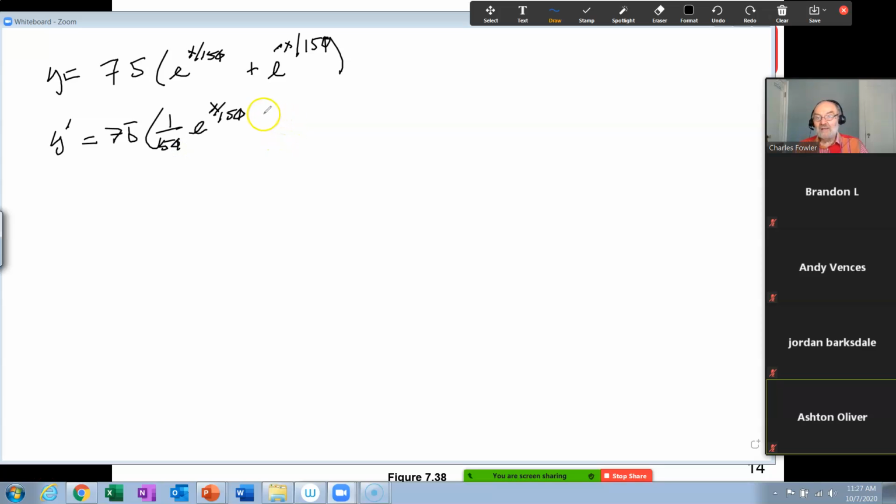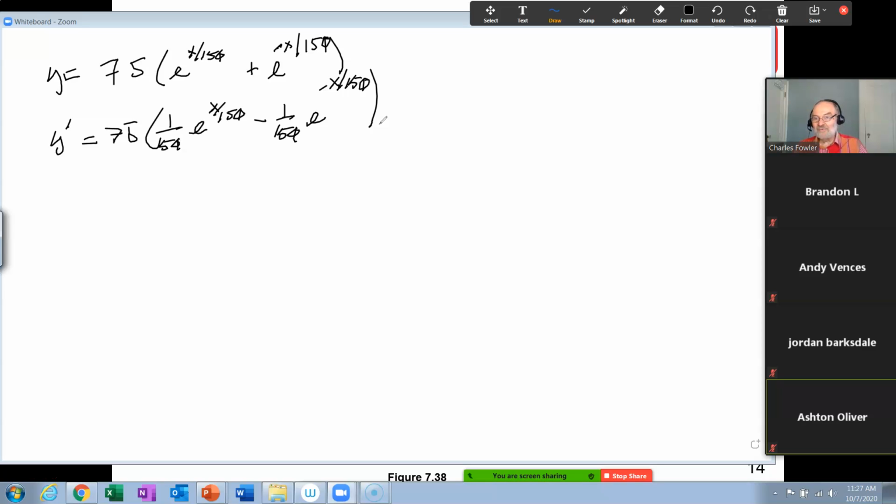Then a plus here, but the derivative of the other term is going to be negative. So that's going to be minus 1 over 150 e to the minus x over 150. That time it wrote the minus sign very nicely. So there's your derivative.